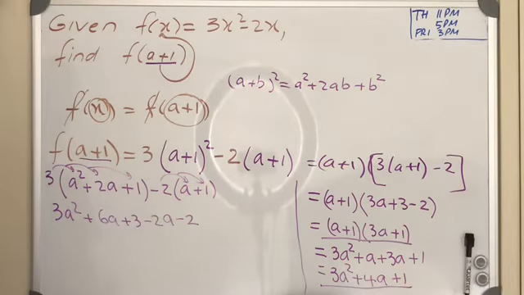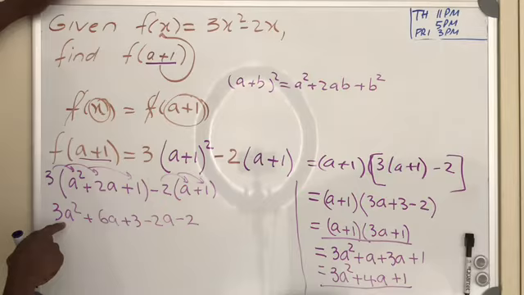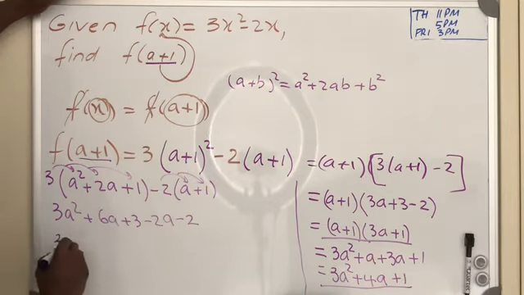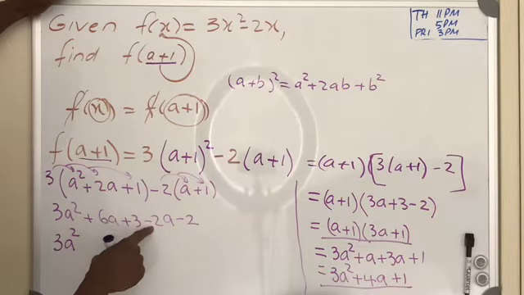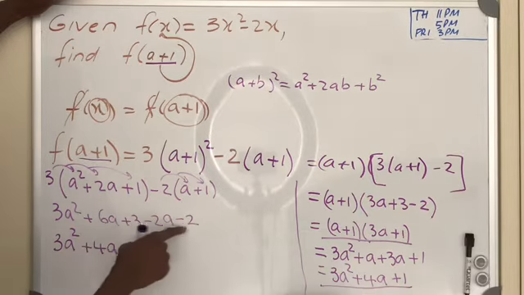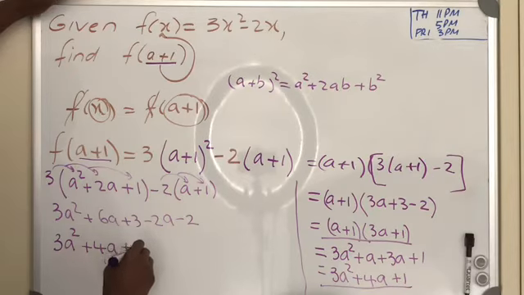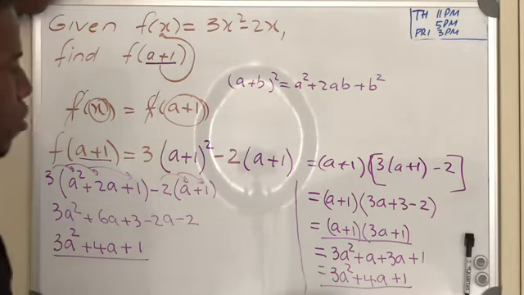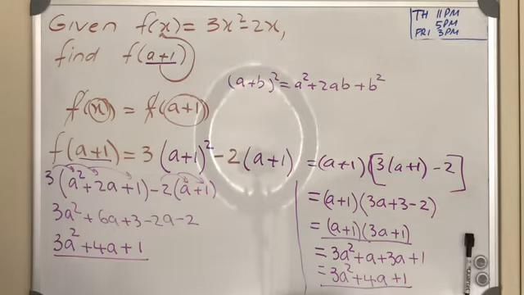We should get the same solution for both. 3a squared stays as is, plus 6a minus 2a, 6 minus 2 is 4, so plus 4a. Plus 3 minus 2, which is plus 1. So 3a squared plus 4a plus 1. It's the same thing.